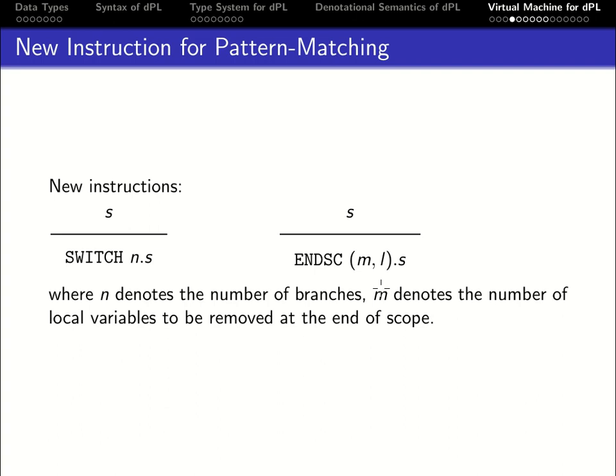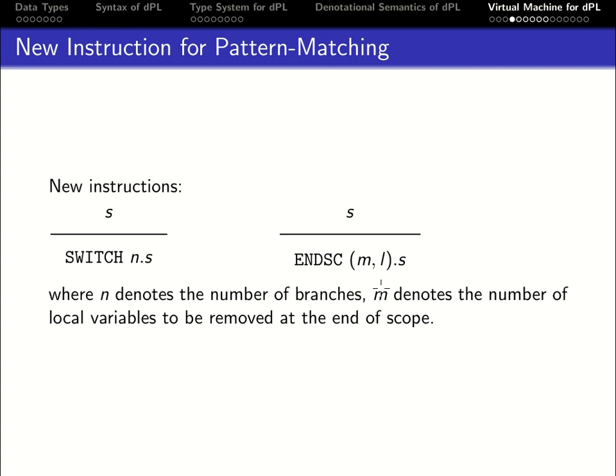The switch denotes the number of branches. So if we're trying to pattern match on a type with n constructors, we will have n branches, separate cases, and that argument of n has to be there.